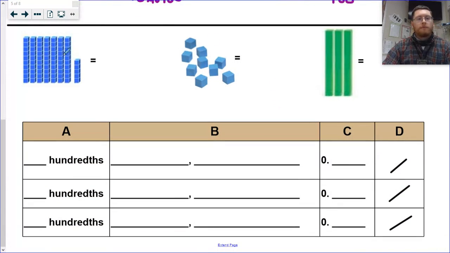Let's look at this first one. Again, I don't have these in front of me, so I have to think of a number. I'm going to show you what it looks like with these, and then we're going to talk about it with just a number.